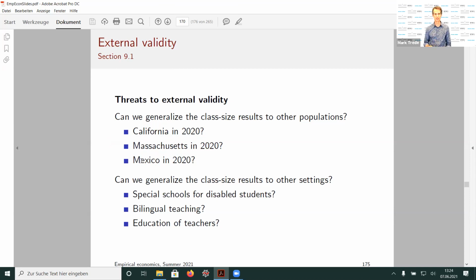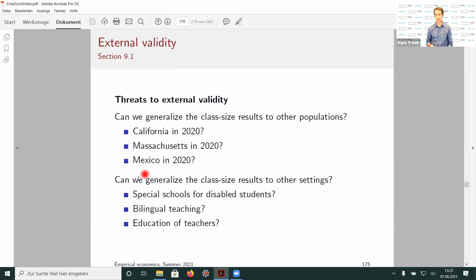And of course, even if you could generalize that to Mexico as a neighboring country, the question is, could you generalize that to, say, I don't know, Rwanda in Africa or Vietnam in Asia? So to answer these questions about the external validity, obviously you have to know the institutional setting and you have to know what you're talking about. This is not a statistical question.